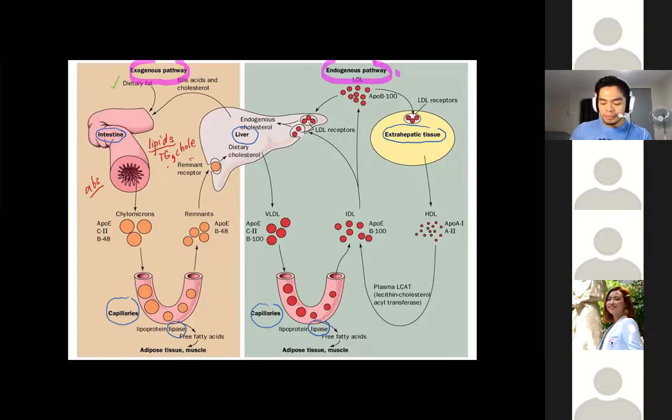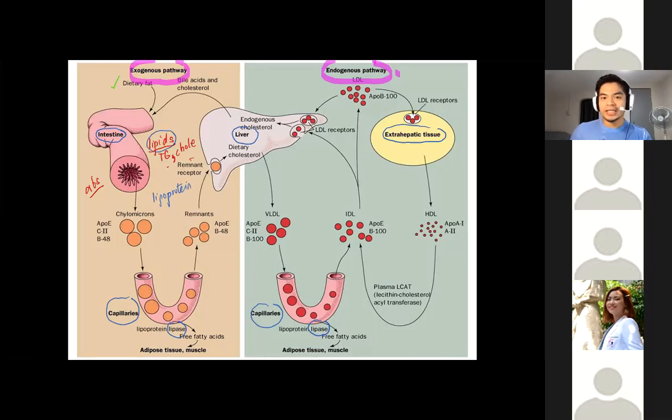Kaya thankfully, meron tayo mga apoproteins. Naalala niyo yung apoproteins? Sila yung protein na didikit sa lipids. So, magko-combine ang apoproteins and also lipids. Kaya finally, makakabuo tayo ng lipoprotein because this is the combination of the lipids from the food and also apoprotein.